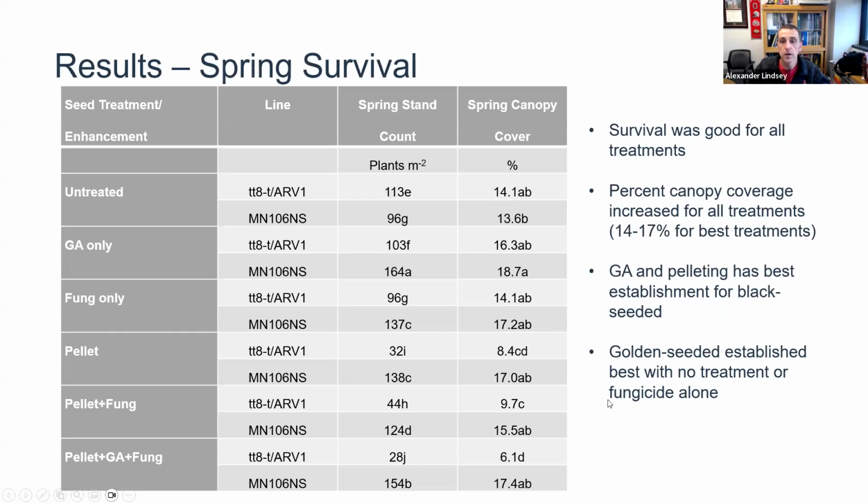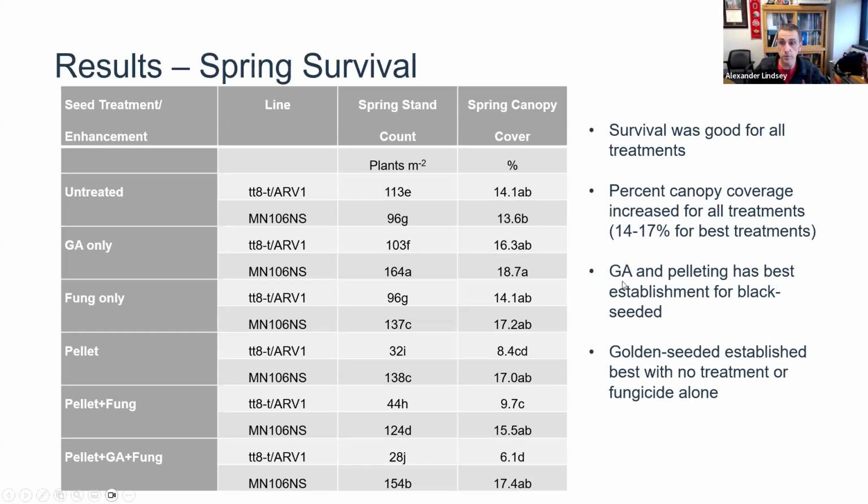We saw very similar trends when we established a spring survival measurement, though spring canopy coverage did increase beyond what we previously had recorded. The best canopy coverage was seen between 14 and 17% for our black seeded lines.